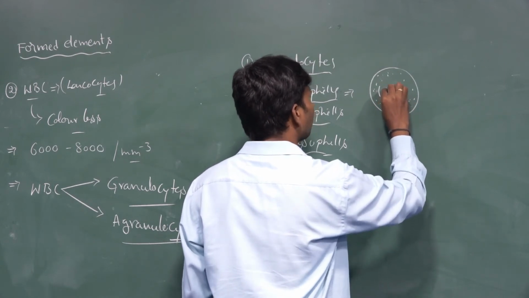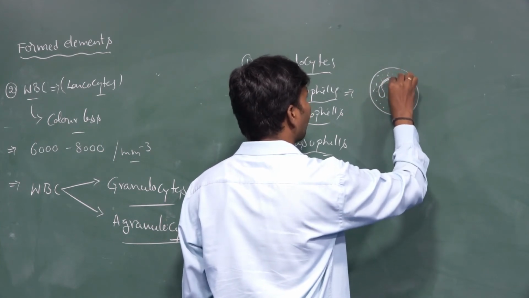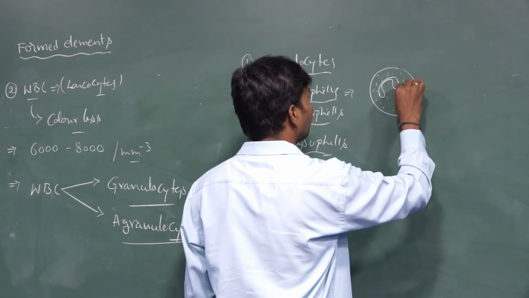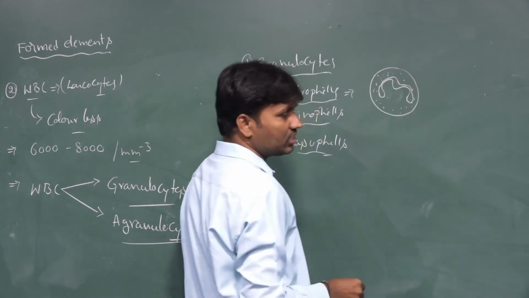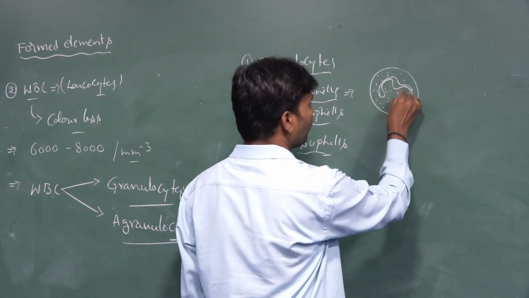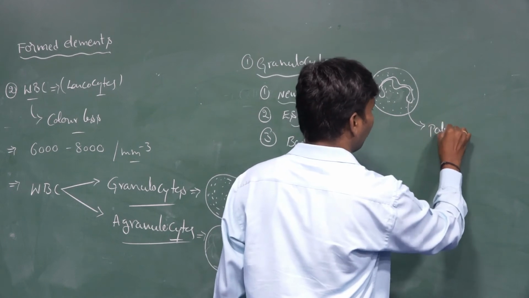All the cell organelles are present. Along with them, the nucleus is a specific multi-lobed nucleus. This nucleus is called a polymorphic nucleus.